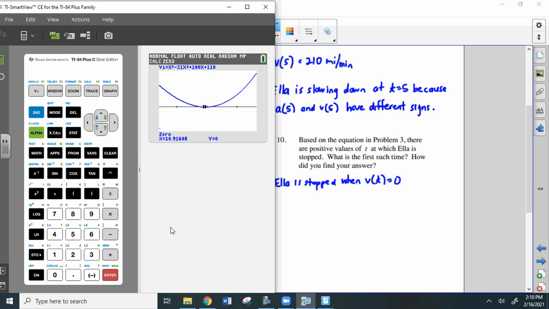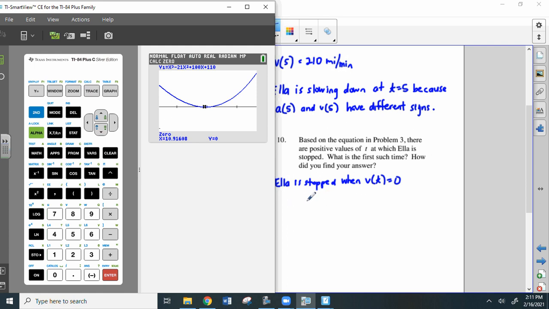Okay, and you do want that first time that it happens, and it looks like it's at 10.916. Interesting. It's not what I have on my paper, but that's okay. So I must have found a different time.